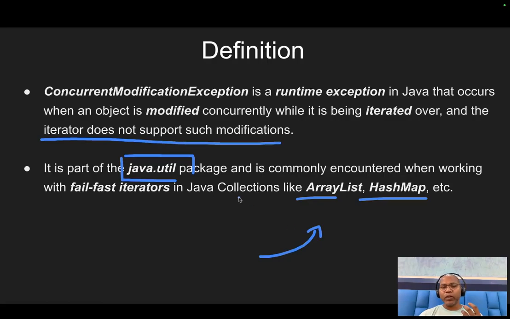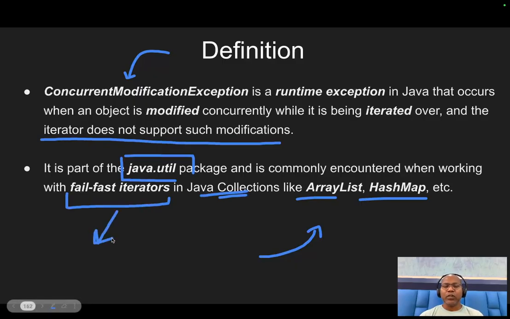Sometimes this exception is also known as a fail-fast iterator, so we're going to talk about what fail fast means. Sometimes someone says ConcurrentModificationException, or sometimes you can say fail-fast exception.